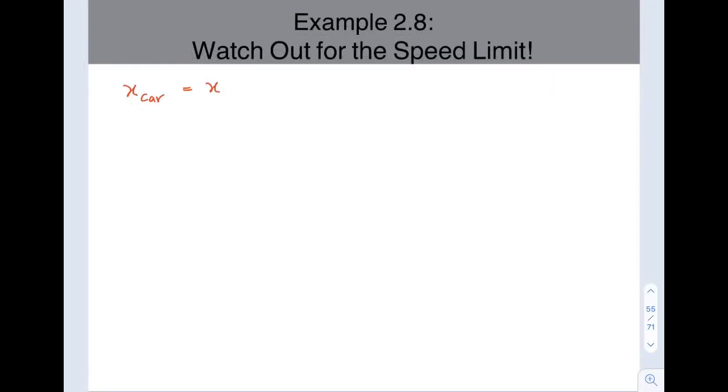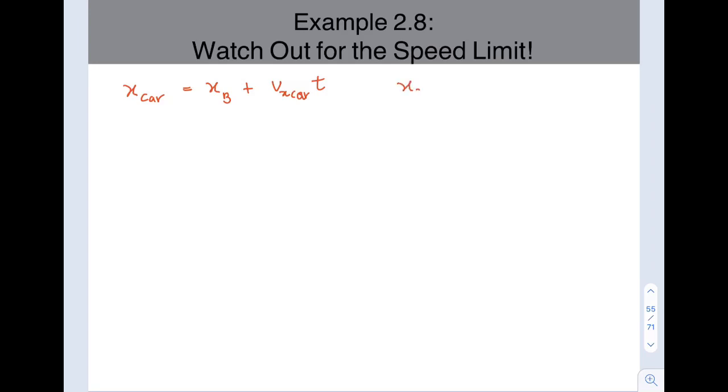we're going to figure out the x final of the car, which is the x initial of the car, which is at the billboard, plus Vx of the car times t. How about the trooper?